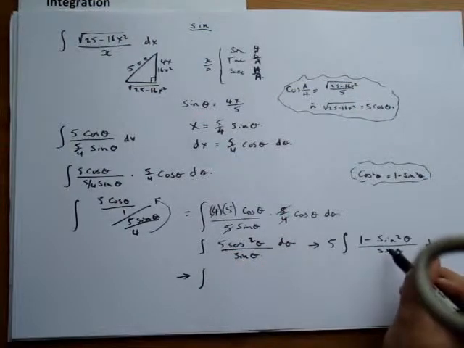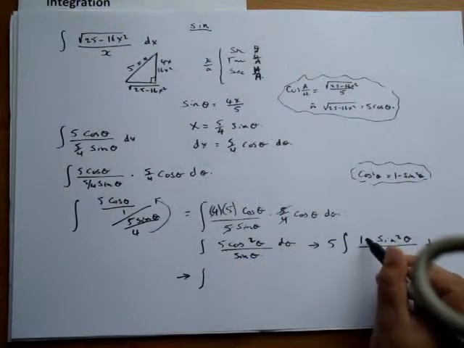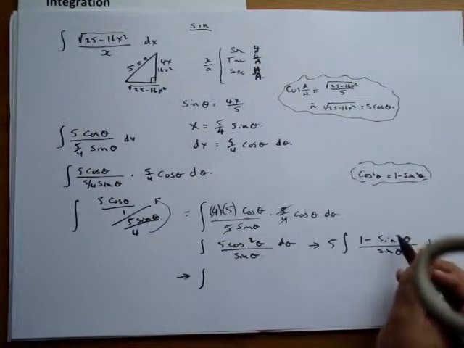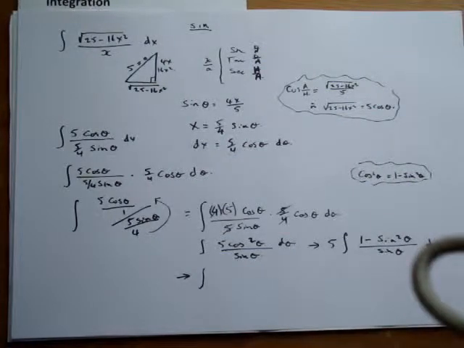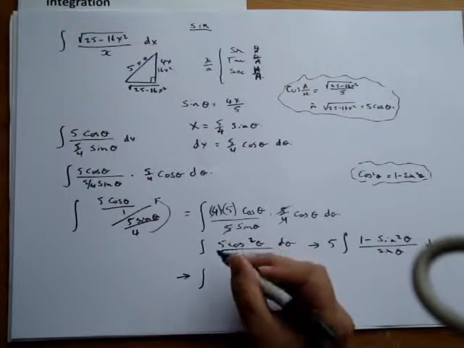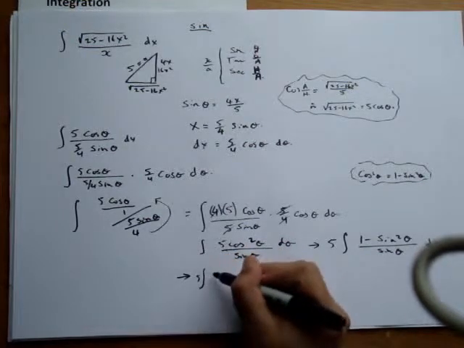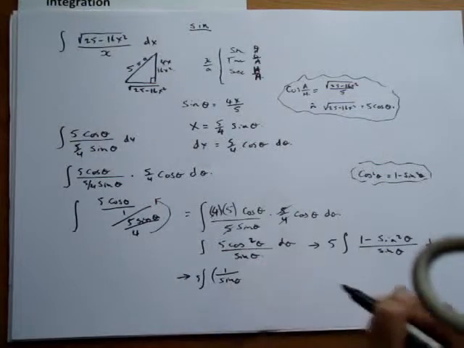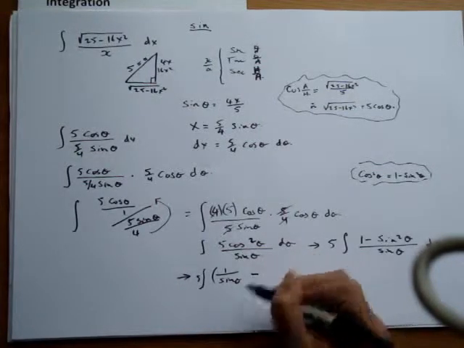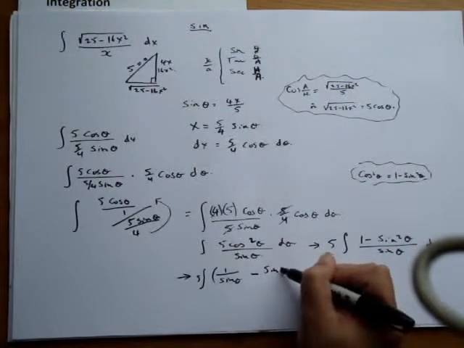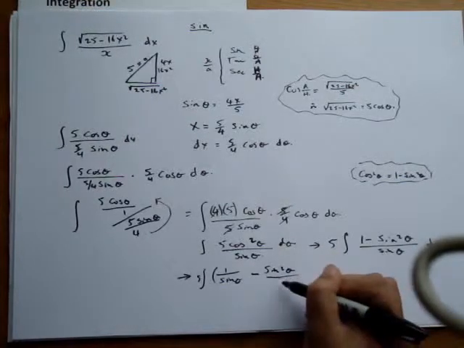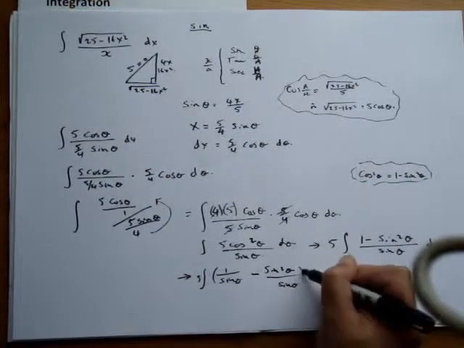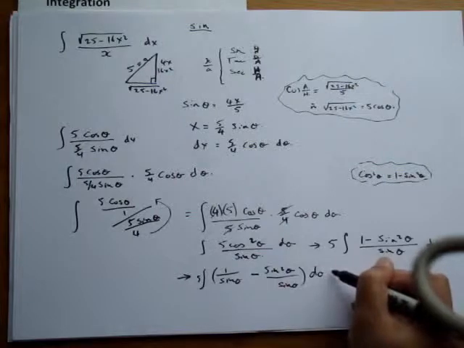We have one term on the bottom and 1 minus sine squared theta on the top. We can split that into 2, so we have 5 times the integral of 1 over sine theta minus sine squared theta over sine theta d theta.